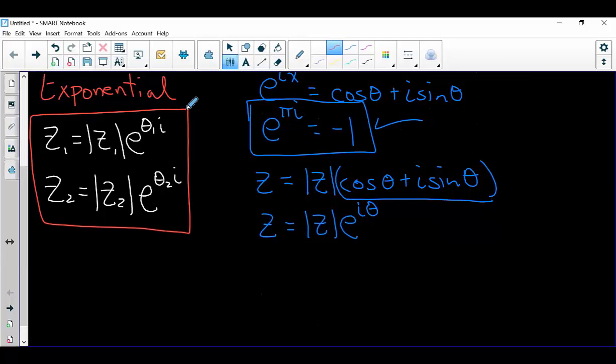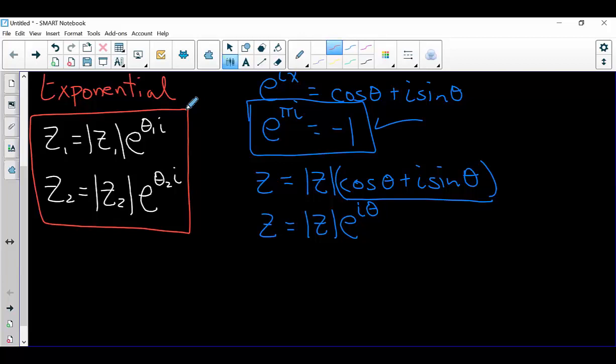I'm taking a different approach than I did in the videos, because like I say, in those videos I kept it pretty basic. This is a little bit cooler than that. If we can write the complex numbers in these exponential forms, look at some of the things we can do with that.